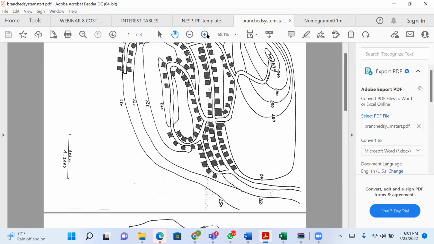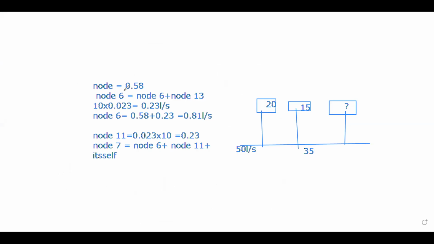Therefore, node 7 is now equal to, what is the value for node 6? 0.81 plus node 11, 0.23.